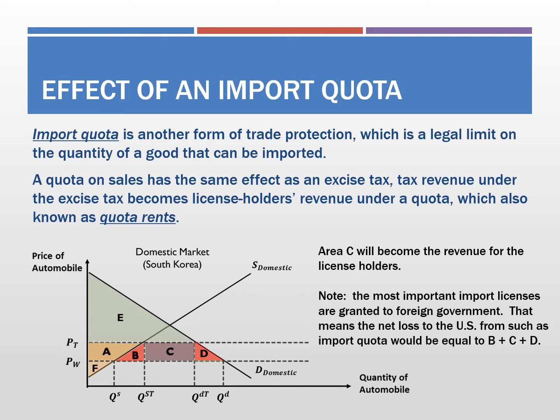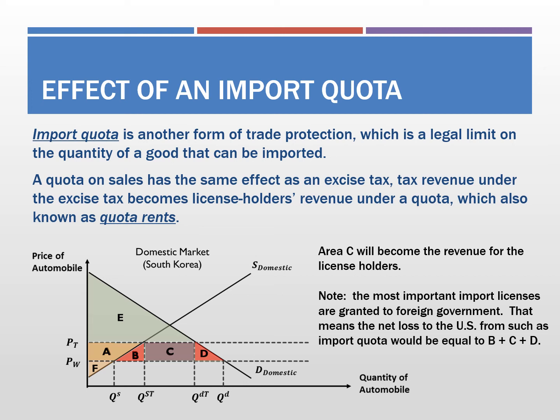So you can imagine that a tariff is basically one out of many different policy tools that we can use to limit trade or to help the domestic firms survive world competition. Another very famous policy that our government usually uses is called the import quota.